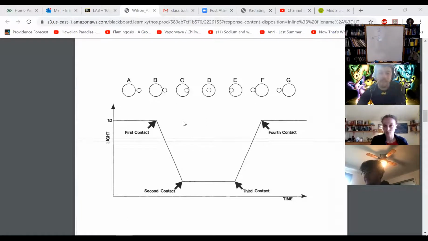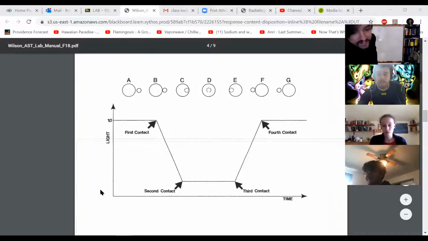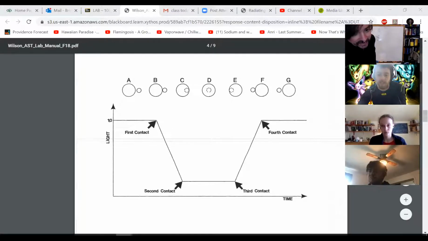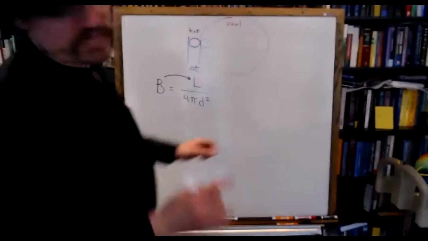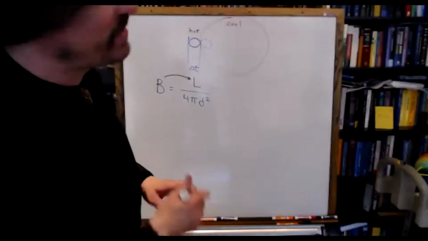That's my problem. So first contact to second contact gives you the diameter of the smaller, hotter star, whereas second contact to third contact gives you the diameter of the larger. Hold on, Riker. I thought the same thing the first time, but hold on. We've made an error there. It's not second contact to third contact. It's first contact to third contact.